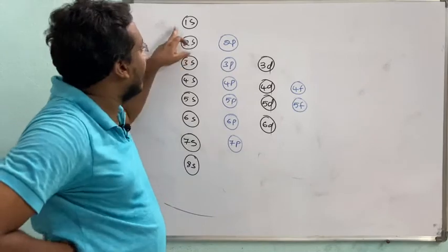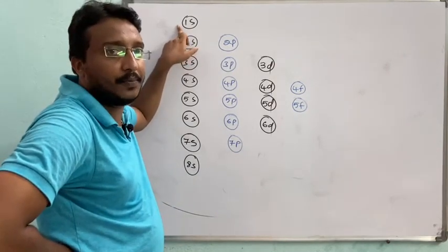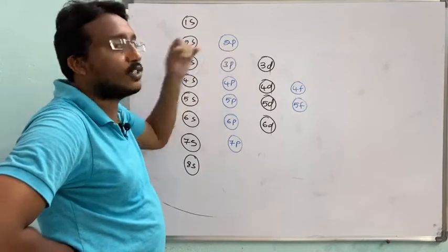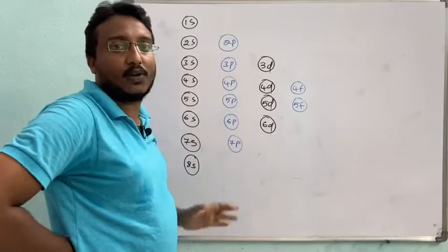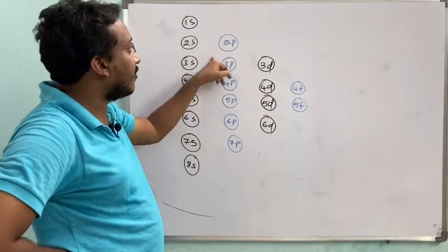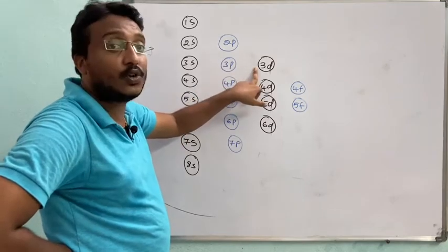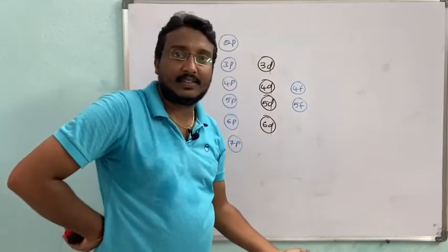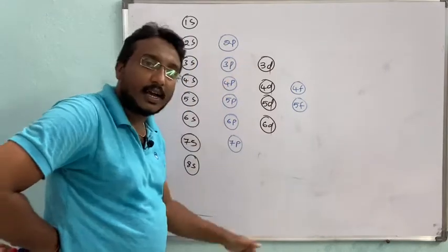We know that in the first shell there is only one s orbital, right? The p orbitals start in the second shell, that means in the L shell only. That's why we started from 2p. And we know that d orbitals start in the third shell, that means in the M shell.